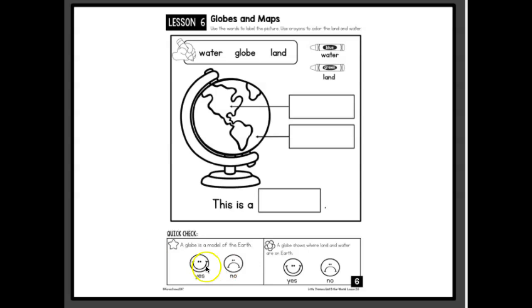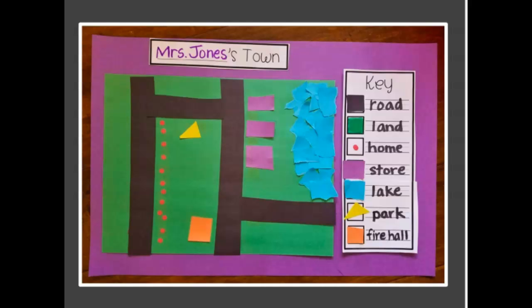Okay. Now, today, during Independent Time, you are going to go ahead and finish your map. Here's an example. You should already have your key done from yesterday. Now, remember when you're making your map that you want it to be matching the symbols that you used on your key.